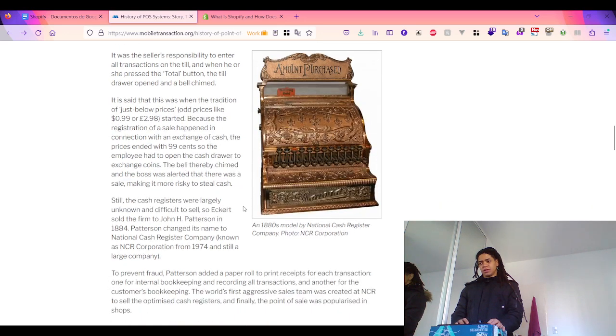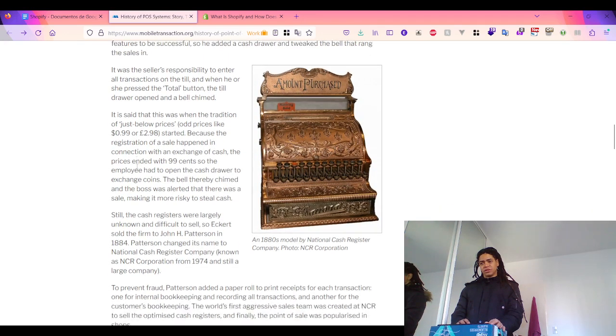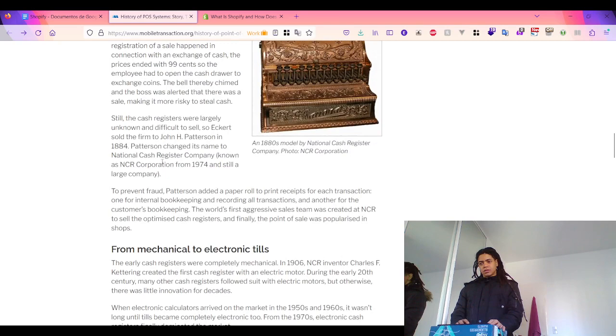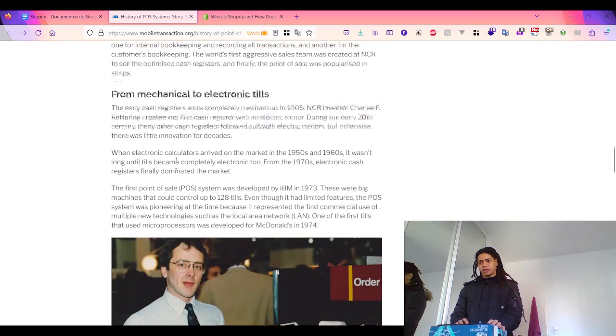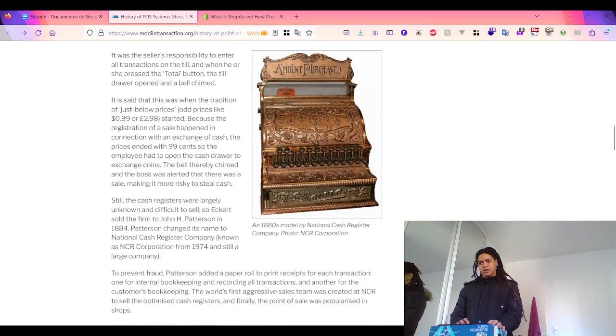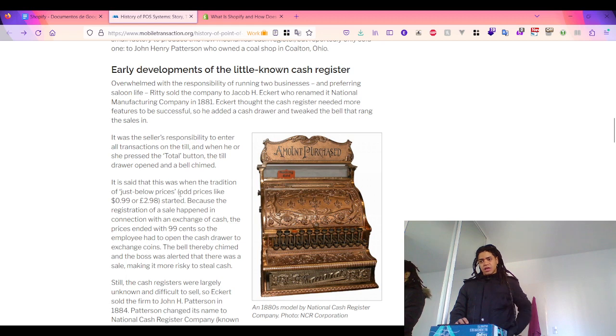So now the business moved from mechanical to electronics. It was the seller's responsibility to enter all transactions on the till, and when he or she pressed the total button, the till drawer opened and the bell chimed.